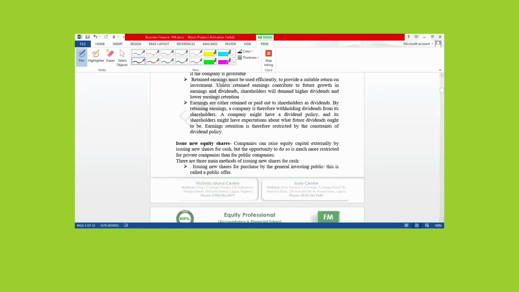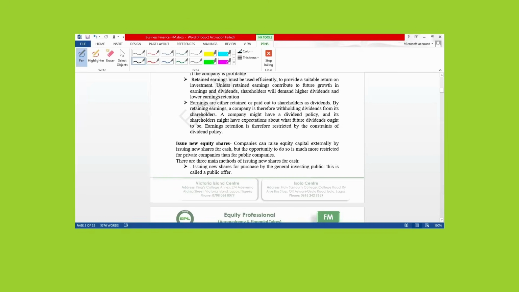Public companies can do this very well. Publicly quoted companies can issue shares with an intention to raise additional finance externally. So, by issuing new equity, a company can source finance.